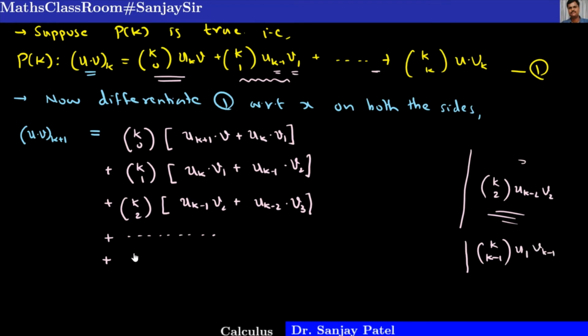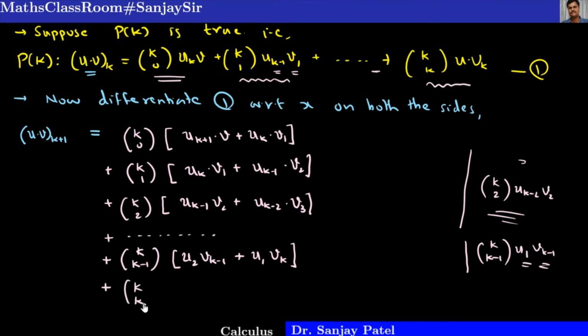So the derivative of this can be written in this way: kck minus 1 is constant into the derivative of u1 into vk minus 1, that is u2 into vk minus 1 as it is, plus u1 as it is, and the derivative of vk minus 1 is vk.